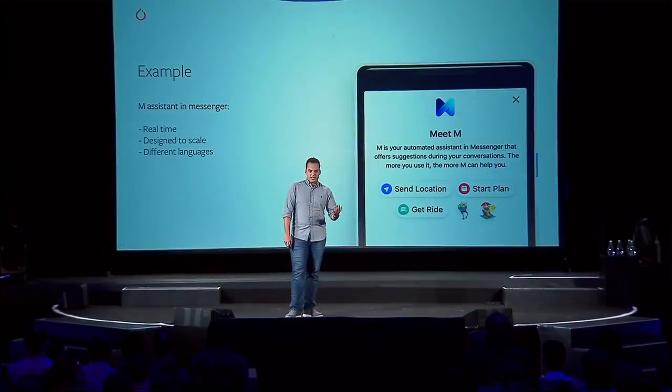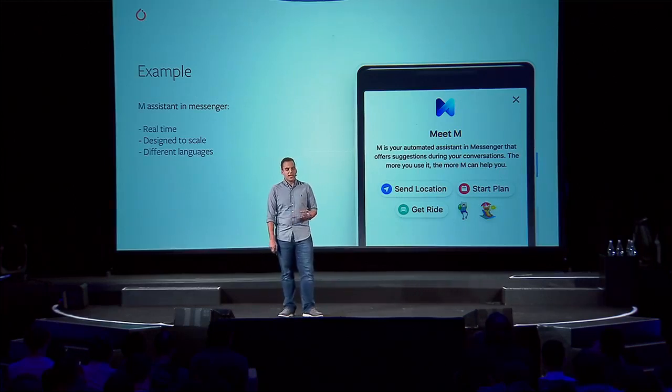As you can imagine, in order for models to work in Messenger, they have to be real time. They have to be designed to scale because Messenger has a huge scale, with billions of messages per day. And the third thing is that they need to work on different languages with different modeling needs.